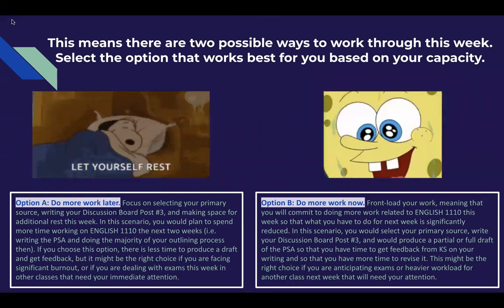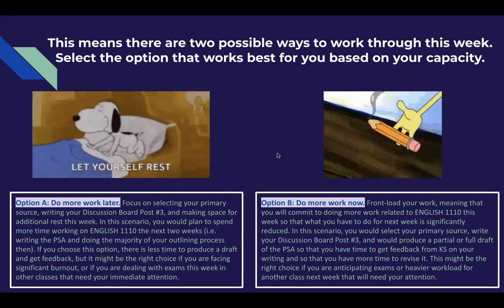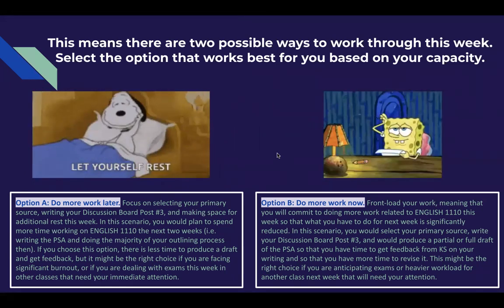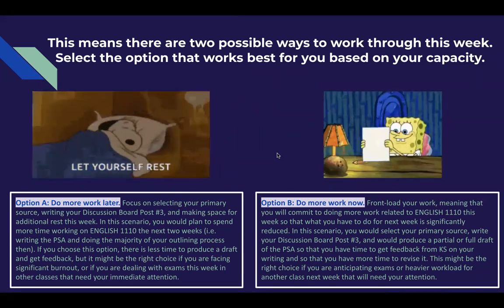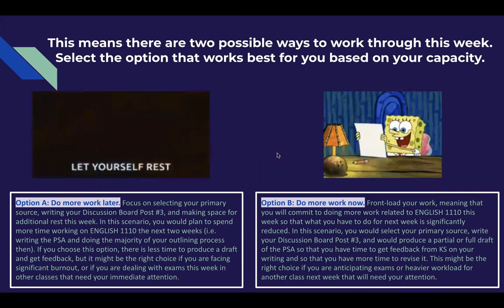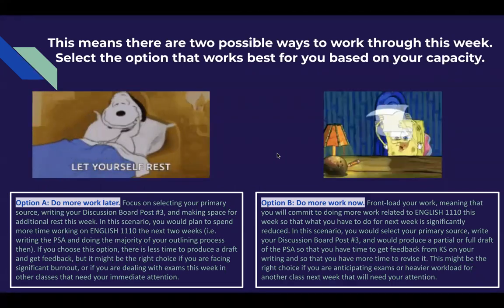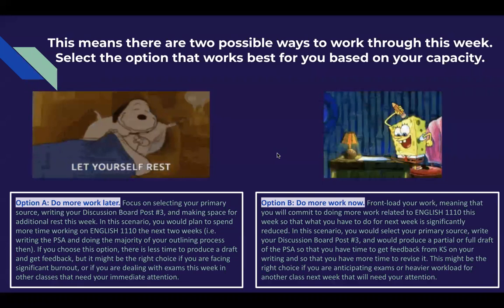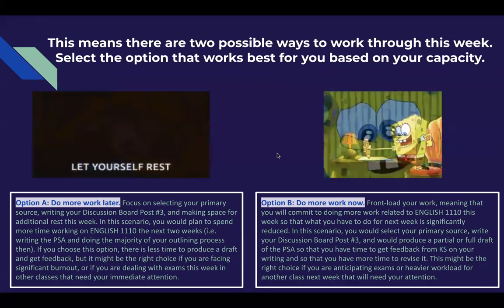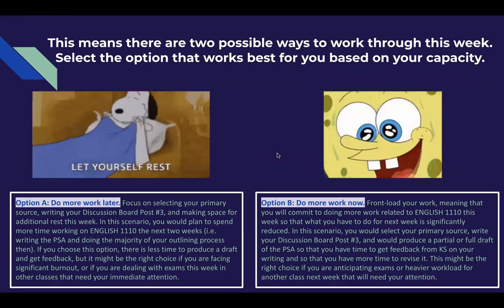Now, when I talk about capacity, I mean what are you able to reasonably take on without really sacrificing your mental health, your wellness, your overall abilities to do what you need to do and take care of both in your academic life, but also in your personal life.